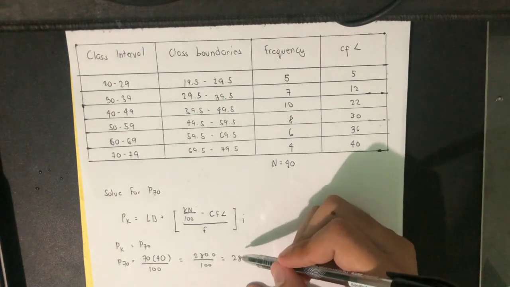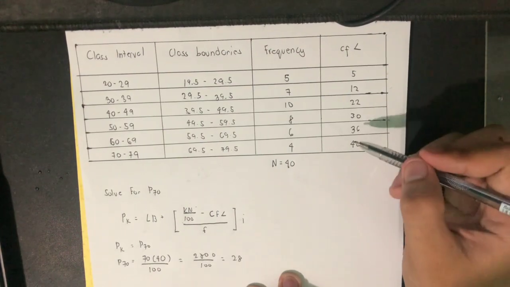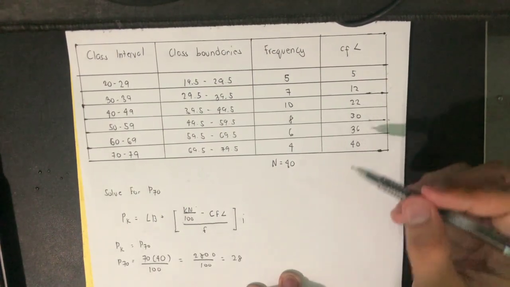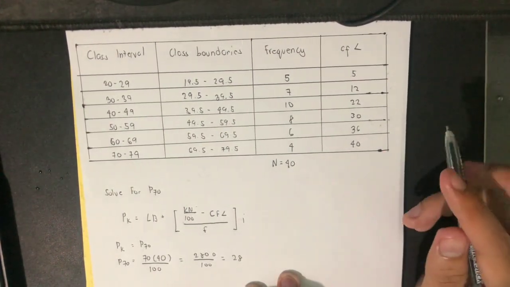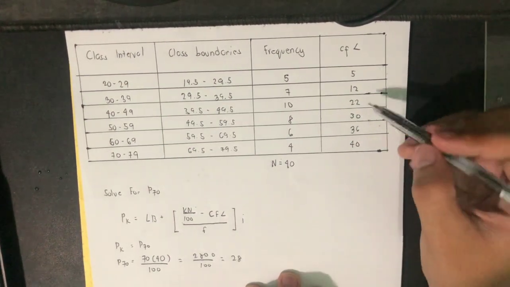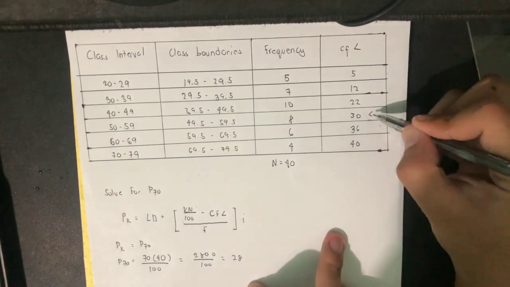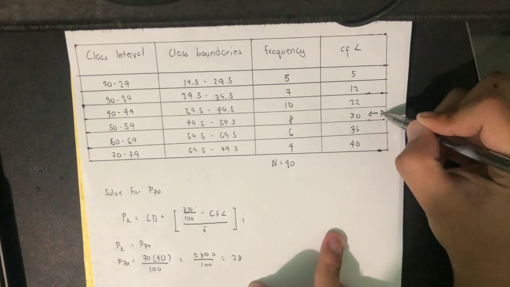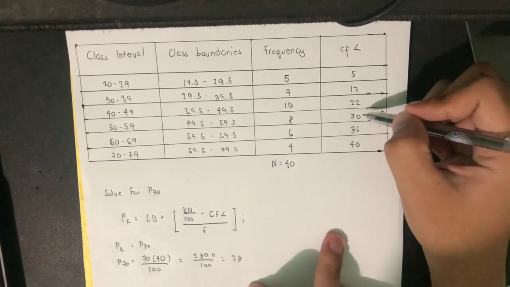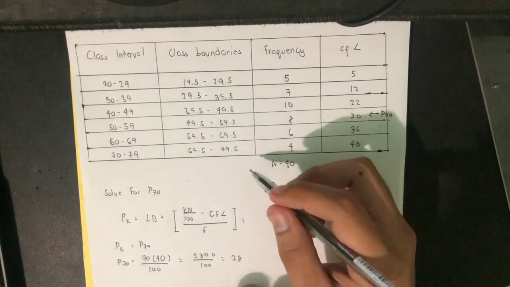But the number closest to 28 is 30, since the gap between 30 and 28 is only 2, while the gap of 22 and 28 is 6. So it has the lesser gap. So the P70 is at the fourth row, which has the cumulative frequency of 30.